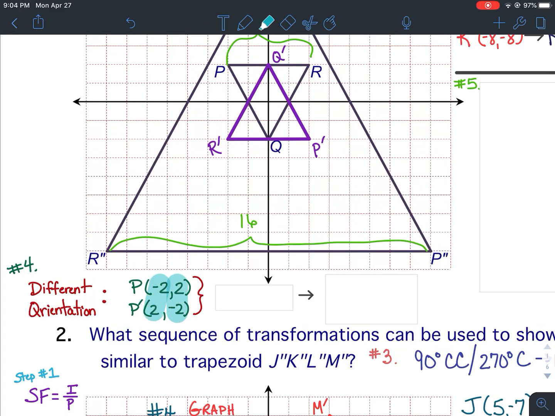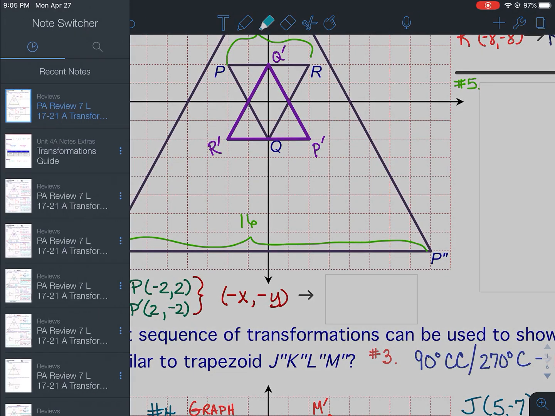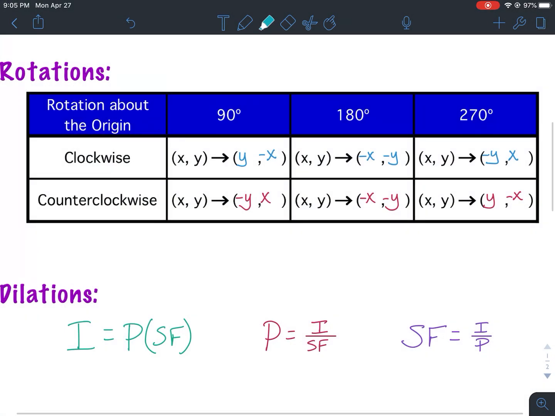If we do that, look, it went from -2 to +2, and it went from 2 to -2. So that means it was the opposite of each. It was the opposite of the x coordinate and opposite of the y coordinate. Opposite of the x, opposite of y. And if it's opposite of x, opposite of y, I look at my rotations chart here.